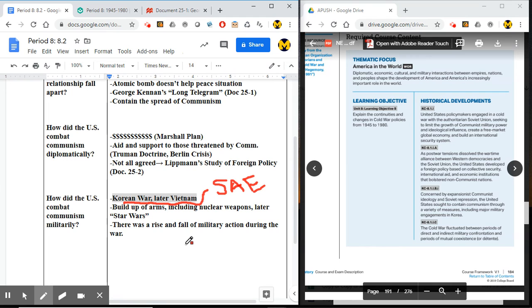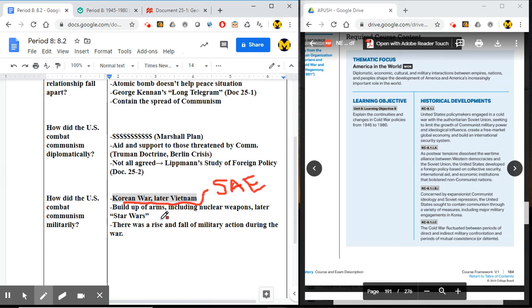I think in 1947, the U.S. breaks the sound barrier. We develop a jet that is faster than the speed of sound. It's never really used in combat, but that is a big deal, as it shows how technologically superior we are. Later on, we have a program called Star Wars, which we'll talk about later.